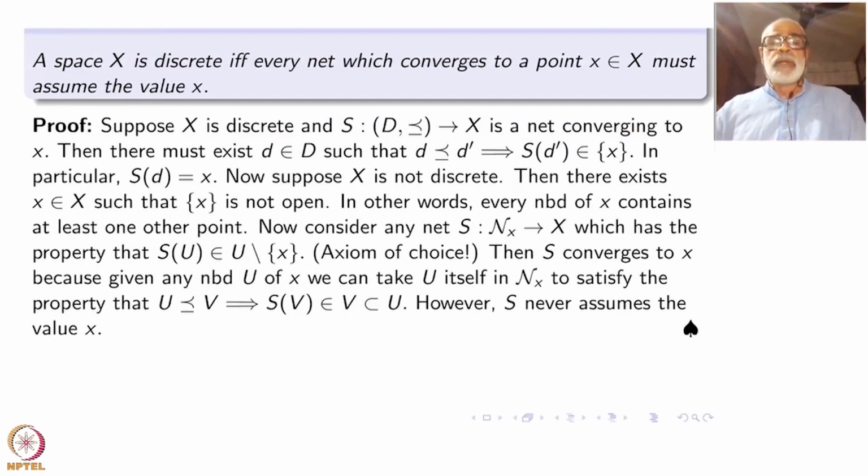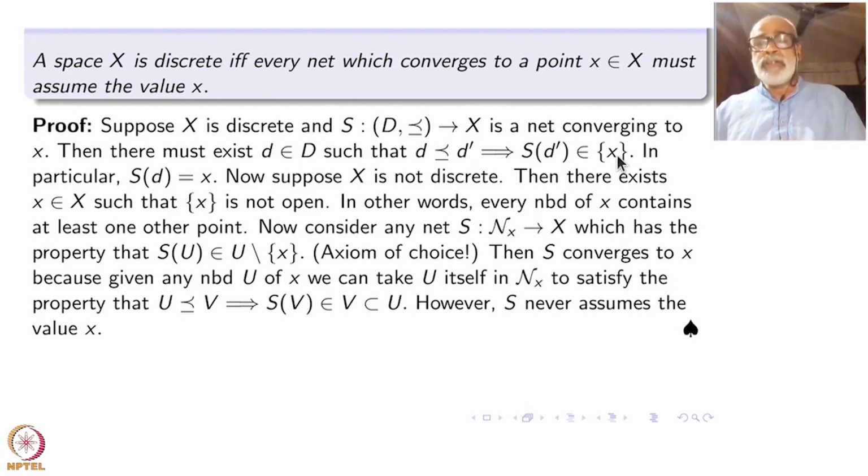So let us prove this one. Suppose X is discrete and S is a net converging to some point x. Then there must exist D belonging to the directed set such that D less than or equal to D prime implies S_D' is inside the neighborhood. The singleton {x} is a neighborhood of x because every singleton is open.